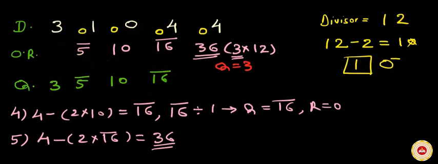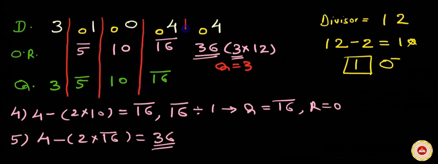If I draw lines like this, these are the parts: first part, second part, third part, fourth part, fifth part. The fifth part is the last part. In the last part we wrote the last osculation result, and in each part we wrote quotients.